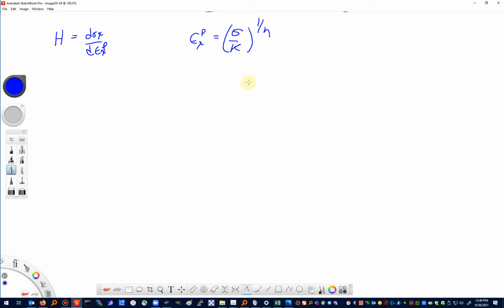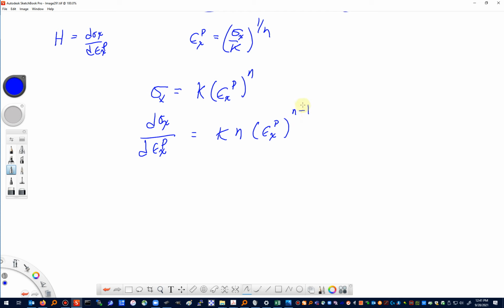If I rearrange this though, if I want sigma as a function of epsilon plastic, it would be epsilon x plastic to the n times k. So the derivative of sigma x with respect to d epsilon x plastic, okay, we have an exponent, we have this, the n minus 1 power.